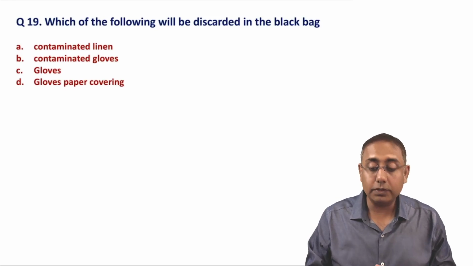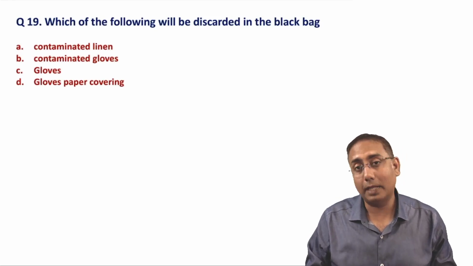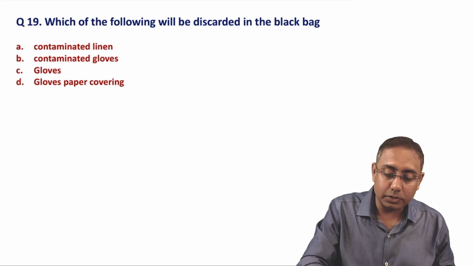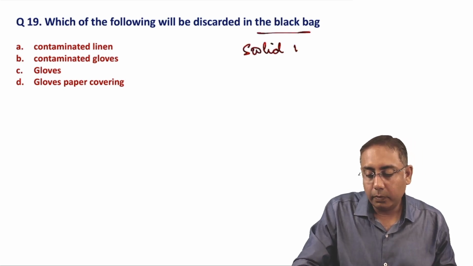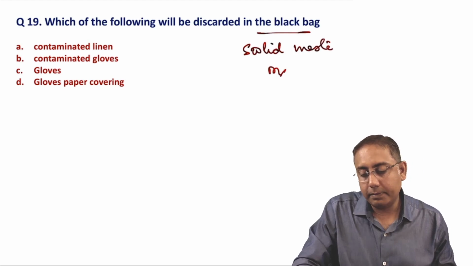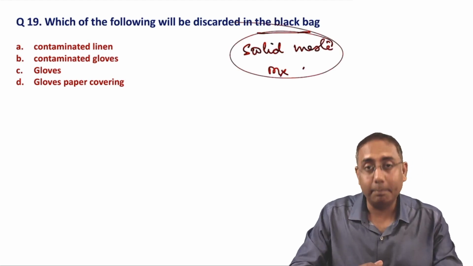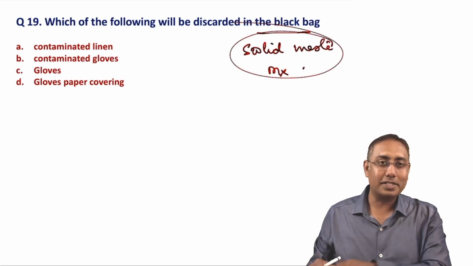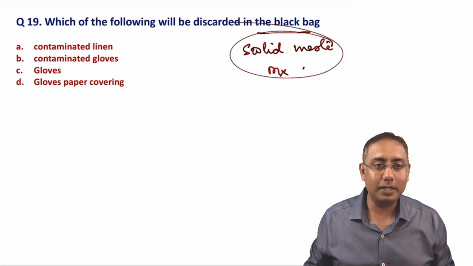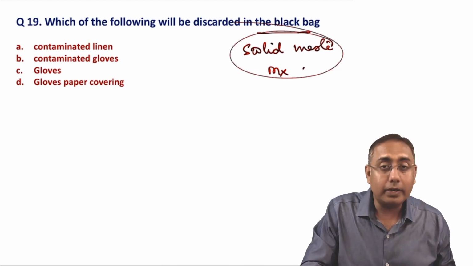Right, so coming to the miscellaneous topics, the last portion, which of the following will be discarded in a black bag? So black bag is under the solid waste management guidelines. So under the solid waste management, please note that the solid waste is not the biomedical waste. Will you discard the contaminated linen?